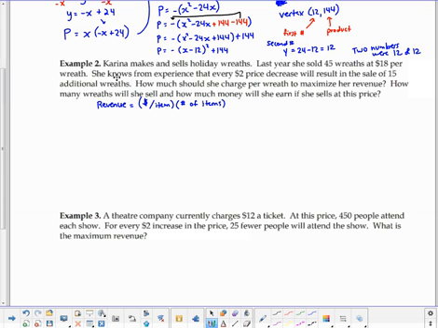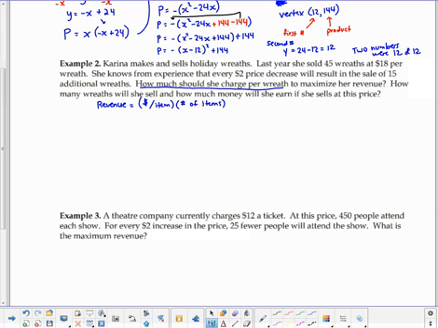So we're always trying to maximize in a revenue problem. Obviously, we want to bring more money home. That's what we're trying to maximize. And so that's why our equation is going to be revenue equals. Now, the other part of the question is how much should she charge per wreath? Okay?